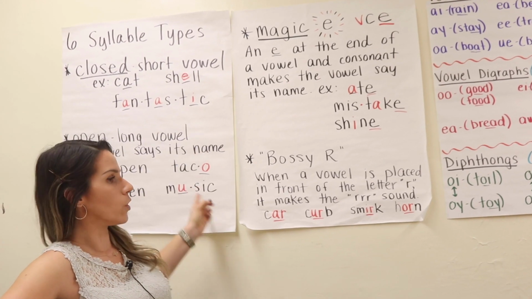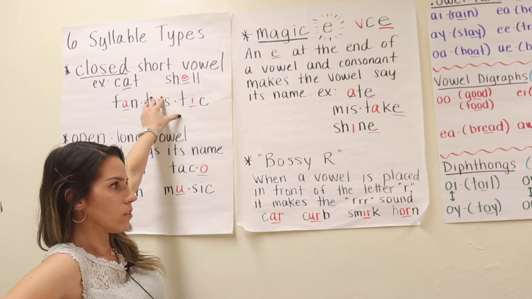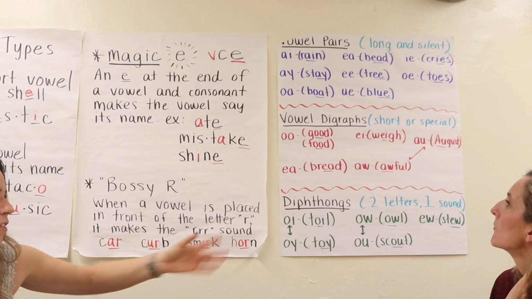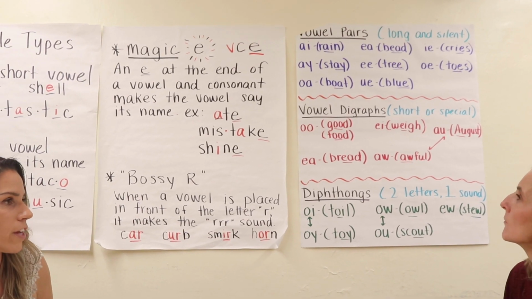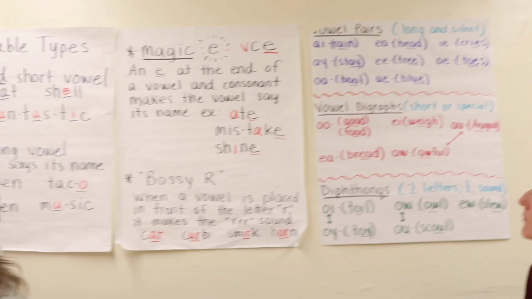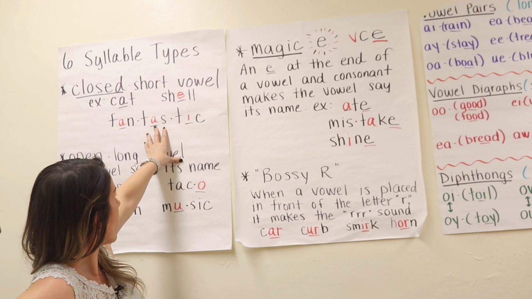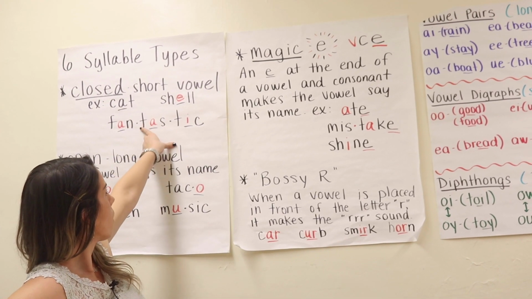This is really the order in which you should teach them because it starts with the most common and least difficult, up to the more difficult syllables to understand, which really are the vowel teams, because there are so many of them and they have alterations in how they sound. The first thing I taught was the closed syllable, and I put the rule up there: a short vowel sound, and I put up some examples.